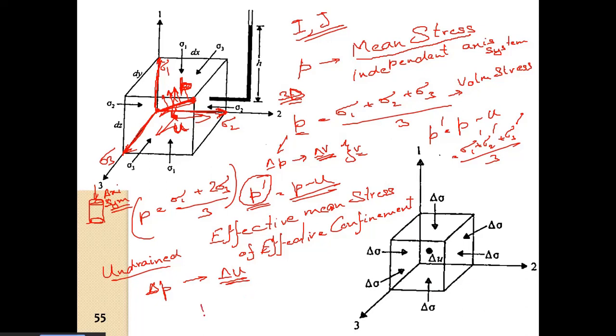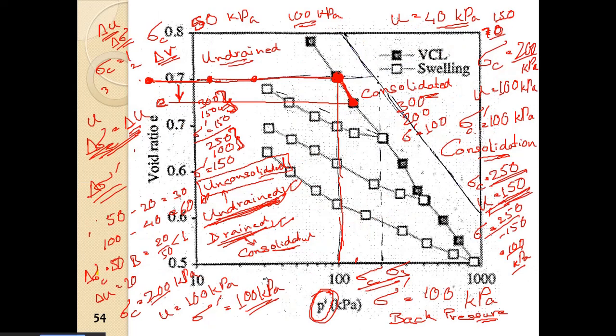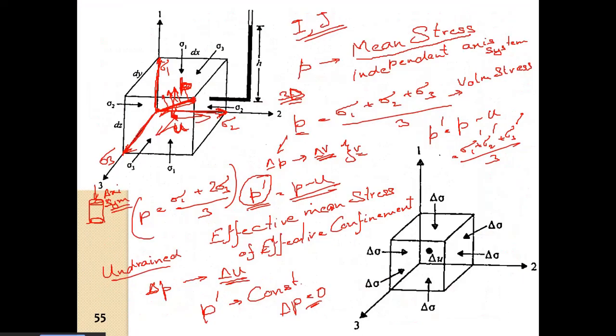So basically P dash will remain constant, or delta P dash will be equal to 0. Only in case of drained condition will there be consolidation. Alright, and that means P dash will increase. So in that case, delta P will be equal to delta P dash.